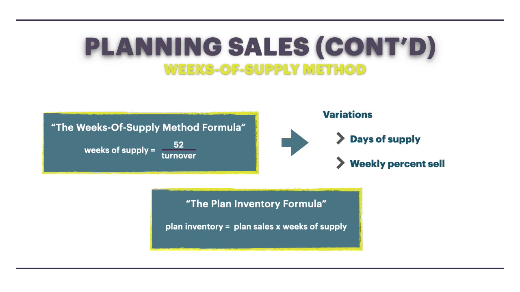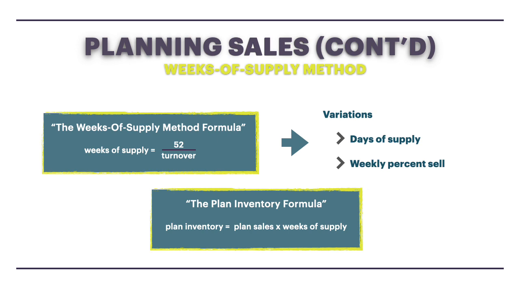So what happens as turnover increases? The weeks of supply should decrease as more merchandise is being sold, and vice versa when your turnover decreases.